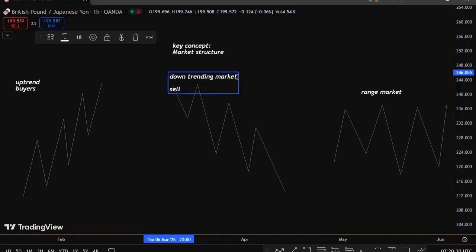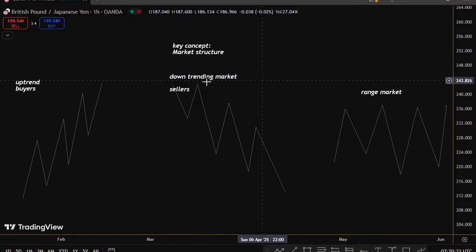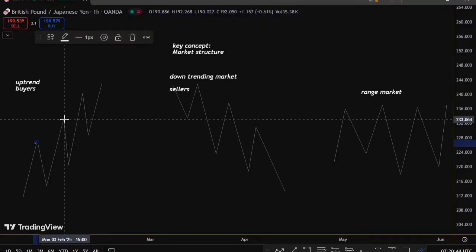When you see price creating higher highs, the last high is lower than this high, and this high is lower than this high, and this low is higher than this low, and this low is higher than this low. It signifies an uptrend.